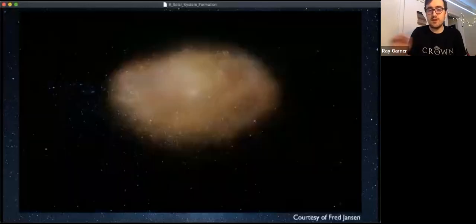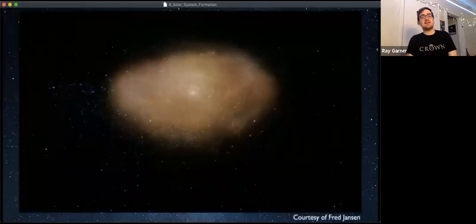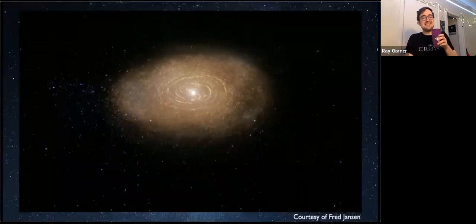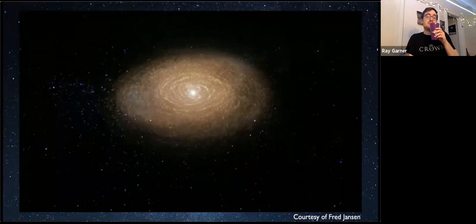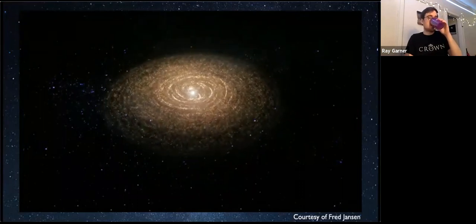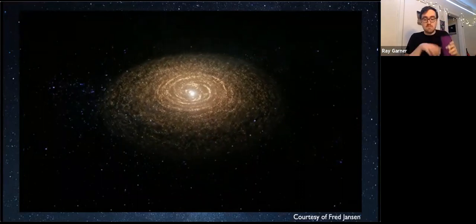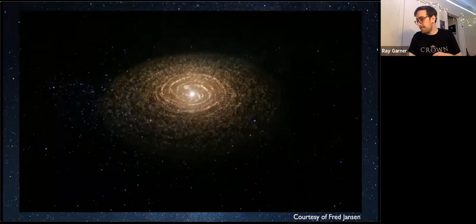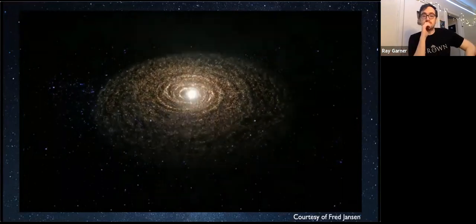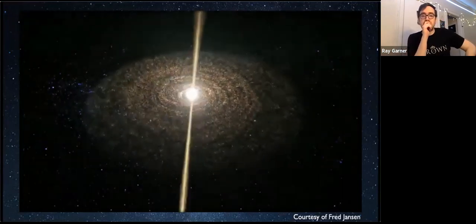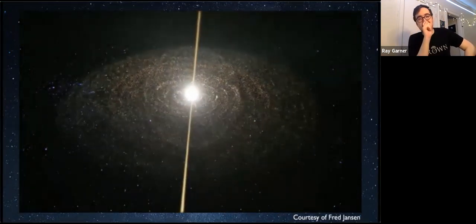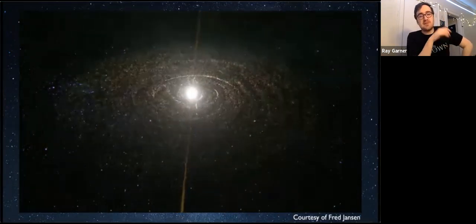So here's a beautiful simulation of the solar nebula flattening, and then the planets condensing out of that gas, and then the gas will eventually be blown away. So that is the sun, the early sun, blowing the gas out.